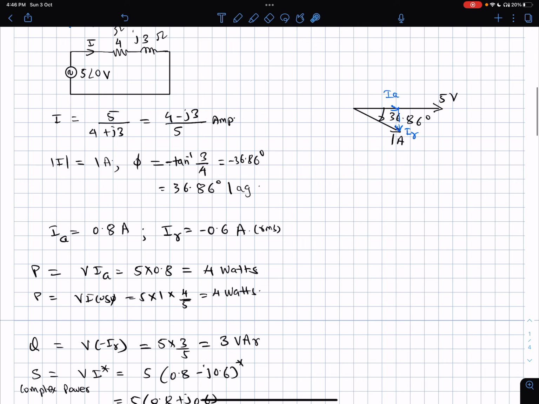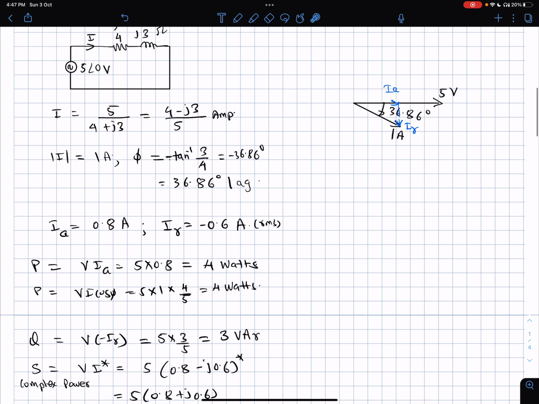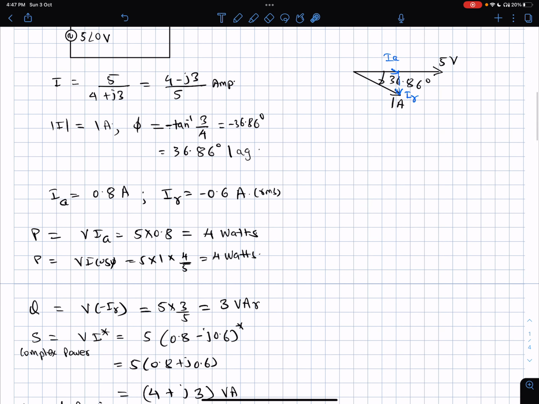This is the reactive power component of the current. All of this is emphasizing again that we have now shifted to the RMS value convention and will be in that all through the course. So all the magnitudes that are written are always the RMS values.